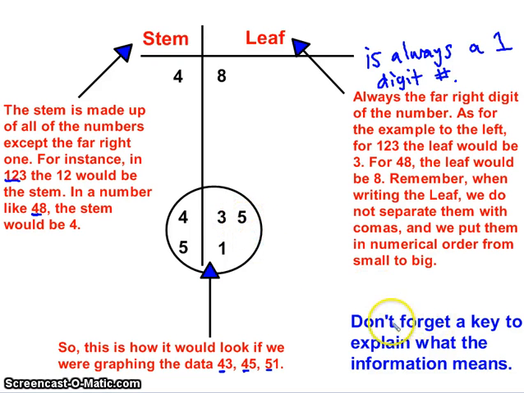Okay? And then the last thing we need to do, just like you did for double bar graphs, double line graphs, is you have to explain what it represents. We call that a key. Okay? So for this one, I would write my key. Now, the key does not have to involve the numbers that are written, but it can. So let's say I wanted to do this. The number 5, that's the stem.